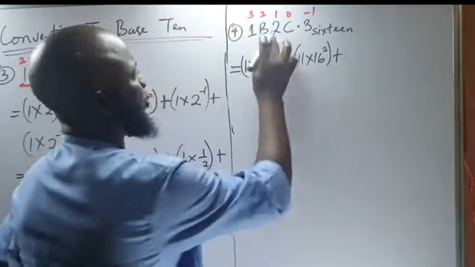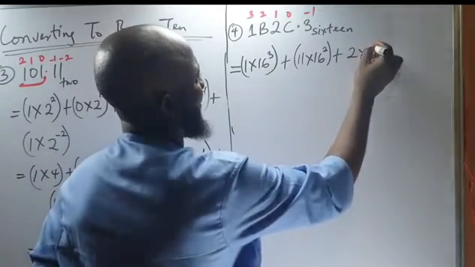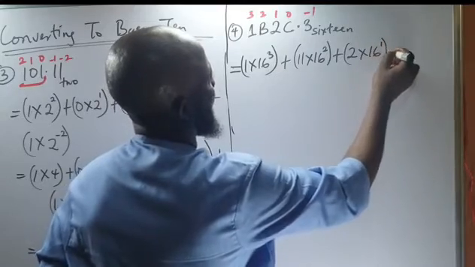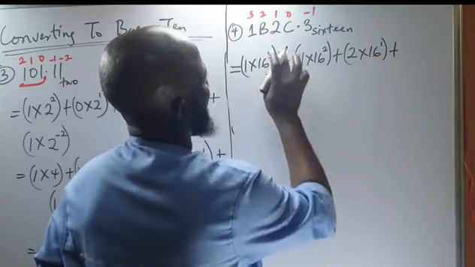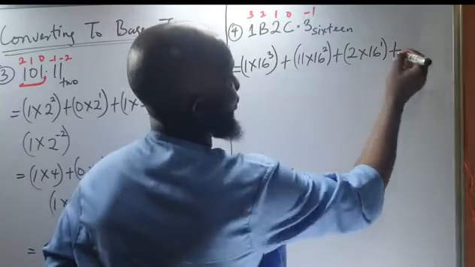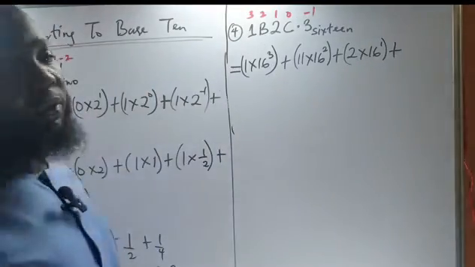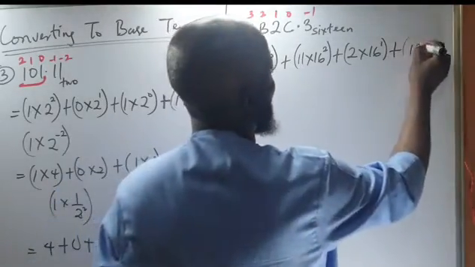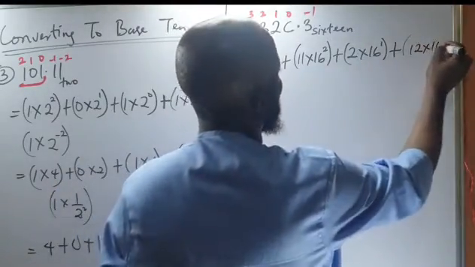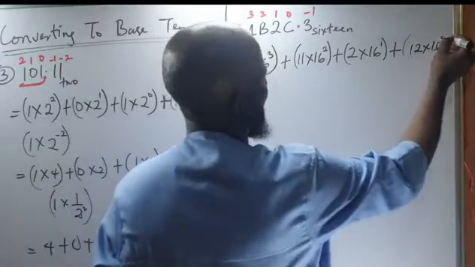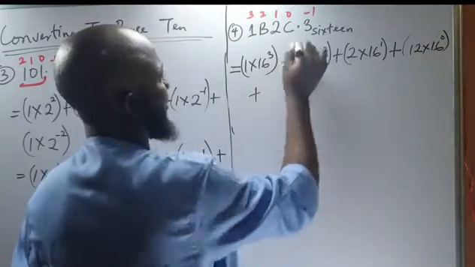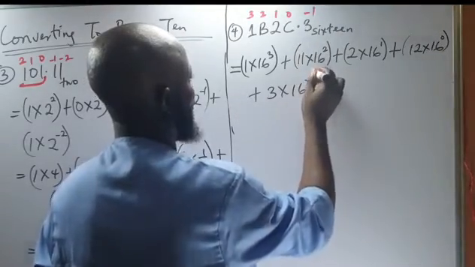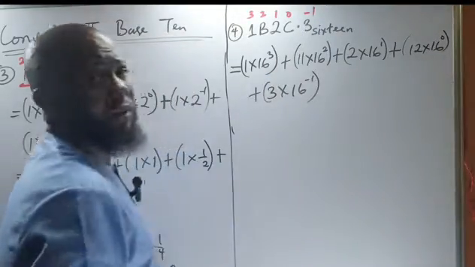Plus 2 multiplied by 16 raised by 1 plus C. When B is 11, C will be 12. That will be 12 multiplied by 16 raised by 0 plus 3 multiplied by 16 raised by minus 1, because it's the decimal part, right?